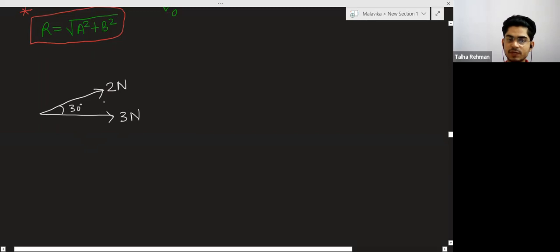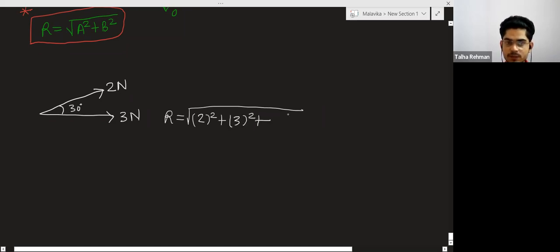So we can calculate the resultant like this: A square plus B square, means 2 square plus 3 square plus 2 into AB, 2 into 3 into cos 30 degree. And this value we can calculate.